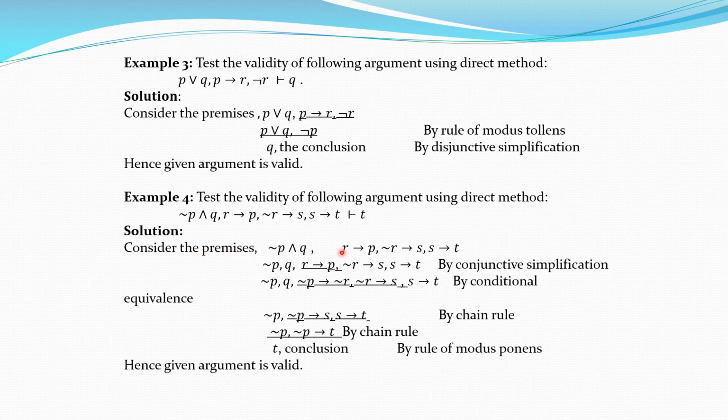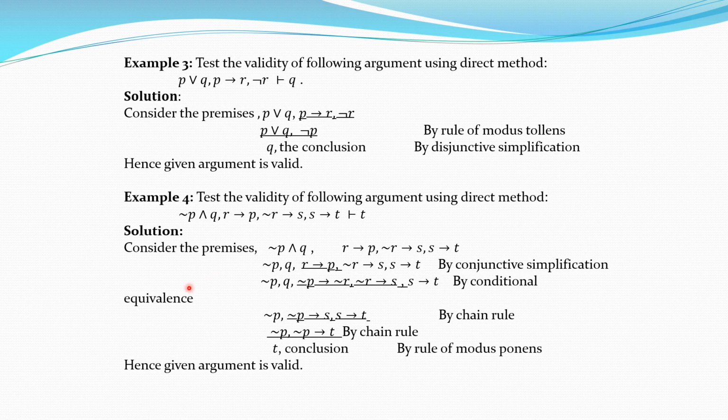Second, third, fourth, all these are implications. So whenever two or more implications are there, first see whether we can apply the chain rule or not. That is P implies Q, Q implies R, then P implies R. But here it is R implies P and here it is starting with negation R. So for these two we cannot apply the chain rule. But if you consider the second and third implications, then here we can apply the chain rule.